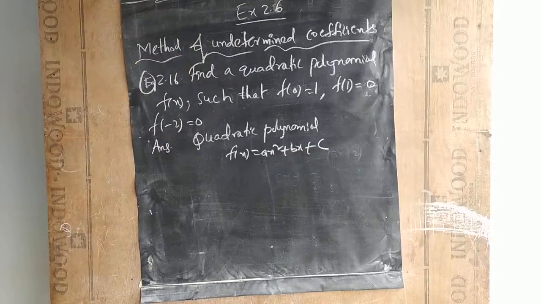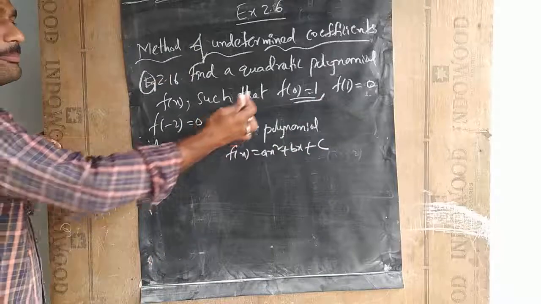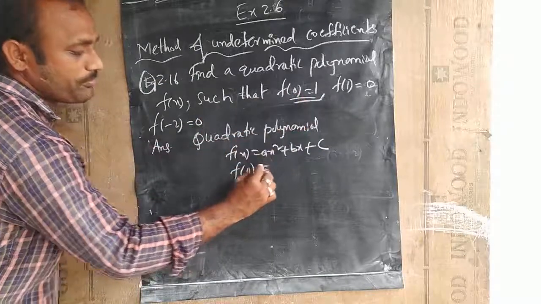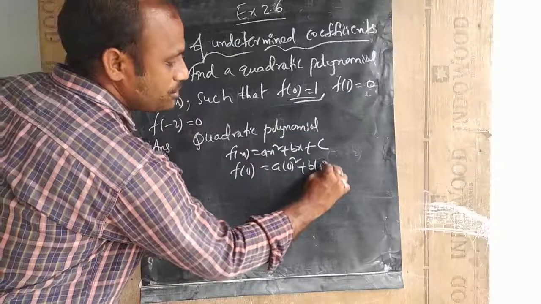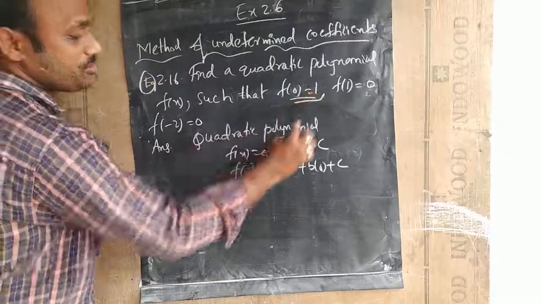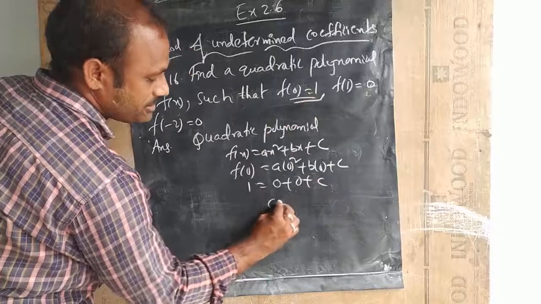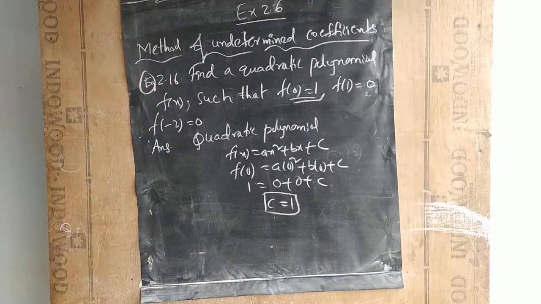This is a quadratic polynomial. First case, f of 0 is equal to 1. Means in place of x substitute 0. F of 0 is a into 0 square plus b into 0 plus c. So it is 1, because f of 0 is 1. 0 plus 0 plus c. That is, the c value is 1. So remember that the c value is 1.